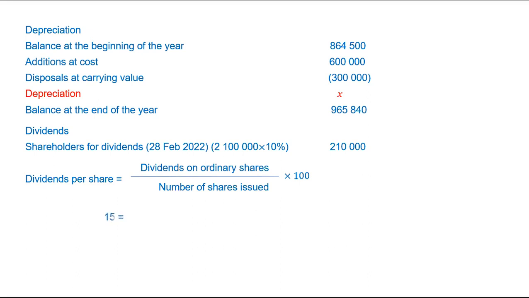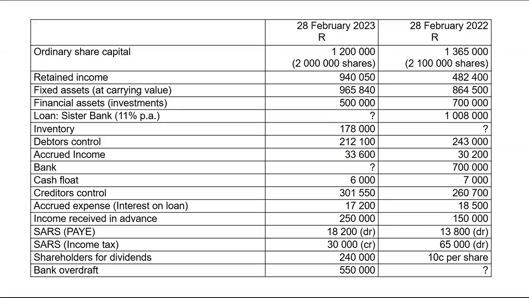Dividends on ordinary shares, we don't have interim, so we can't get it, so I'll put it as X. Number of shares issued as at the end of the year amounted to 2 million. That was given to you as well in the statement of financial position. There it is over the 2 million.